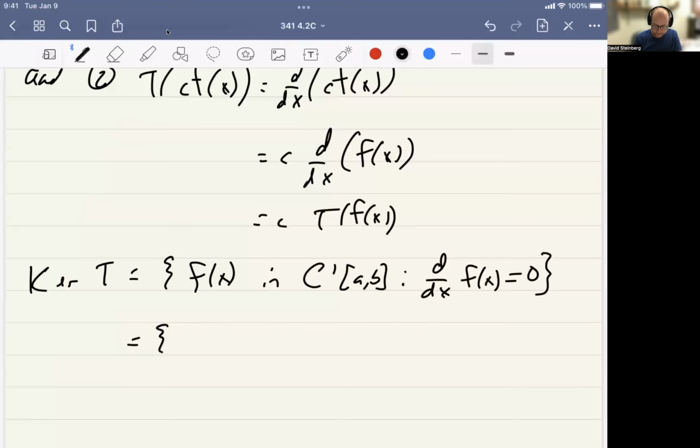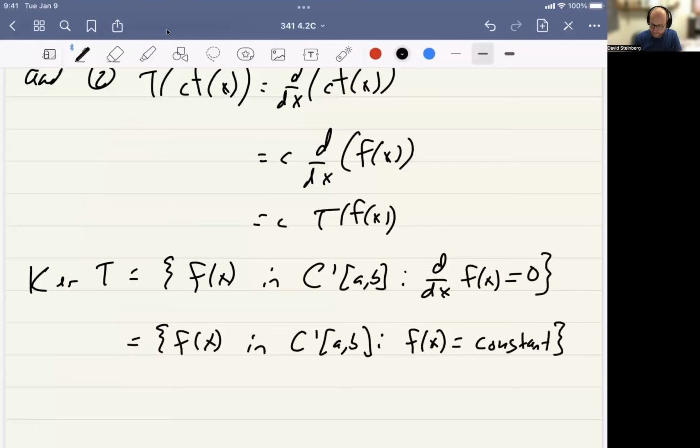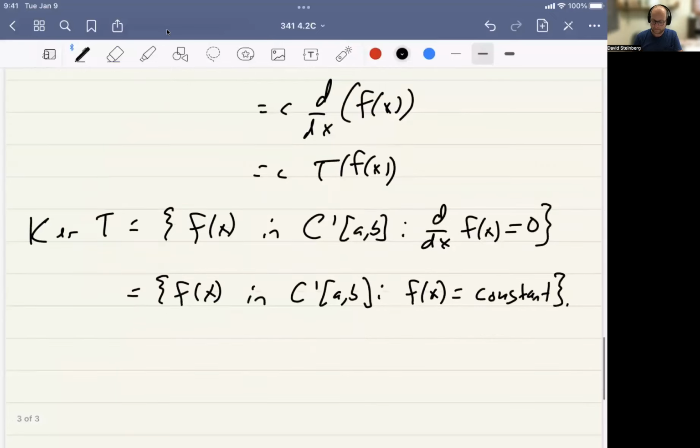Okay, but we know which functions have derivative exactly 0, right? Any constant function has derivative 0. And those are the only functions that have derivative 0.